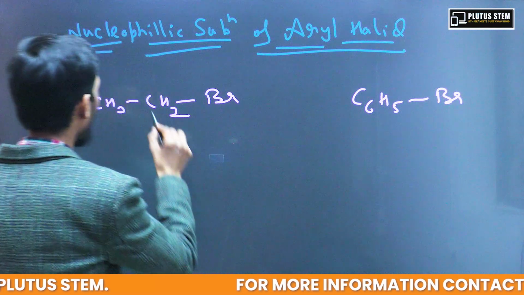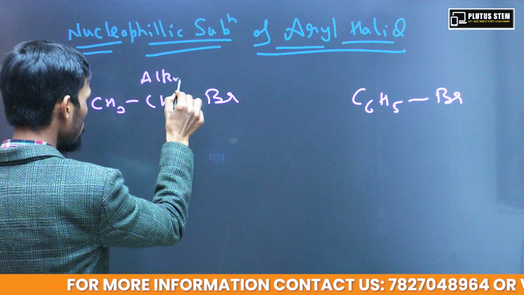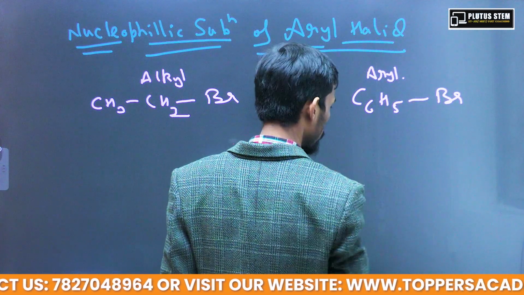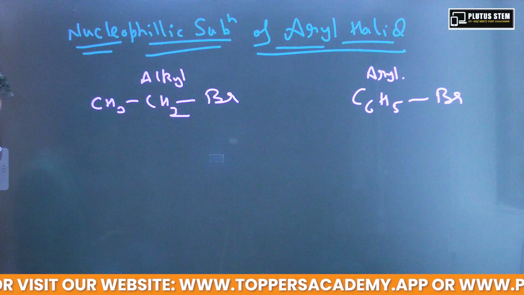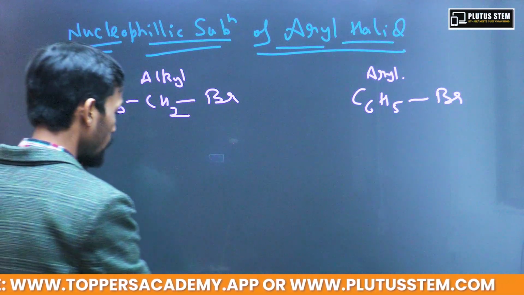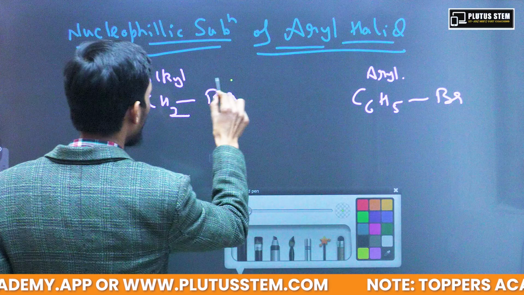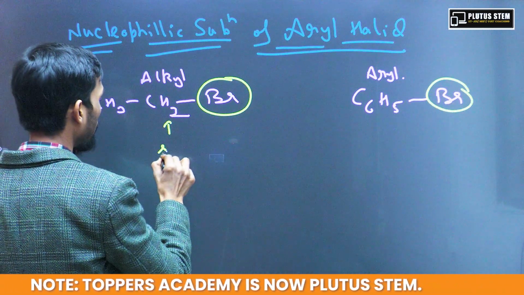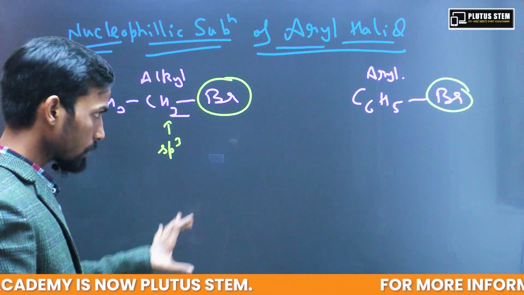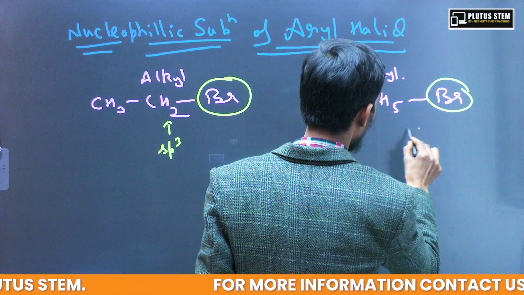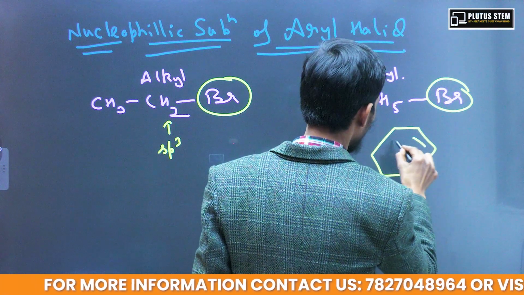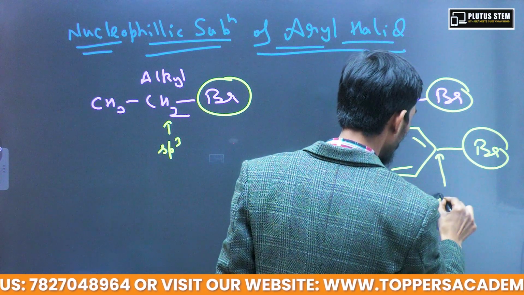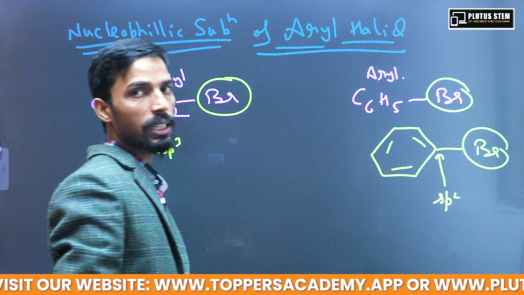This one is the alkyl halide and this one is our aryl halide. If you see over here, this halogen atom is bonded with an sp3 hybridized carbon, while in this case, if we draw a bigger picture, this bromine is attached to an sp2 hybridized carbon.